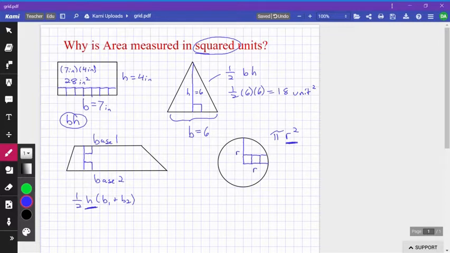So I got to remember that I'm not just multiplying any old numbers together to get the area. We are looking for a perpendicular relationship, and that will tell me how many squares are going to fill up the shape.